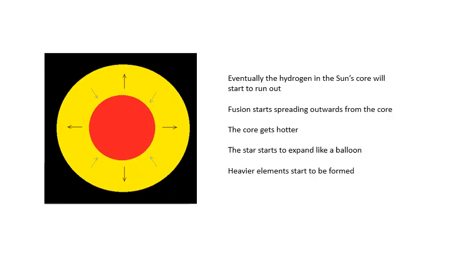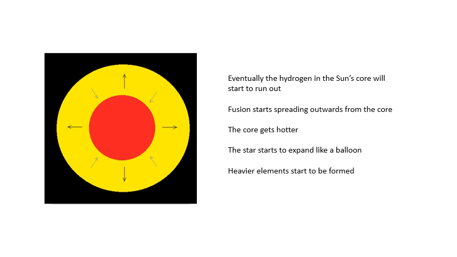Why not? Because eventually the hydrogen in the core will start to run out. And what happens when that happens is that the core starts to expand as fusion starts spreading outwards. It was just happening in the core, which is very, very hot, about 15 million degrees.